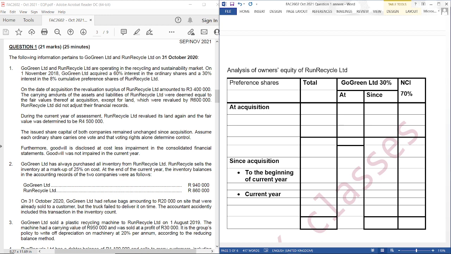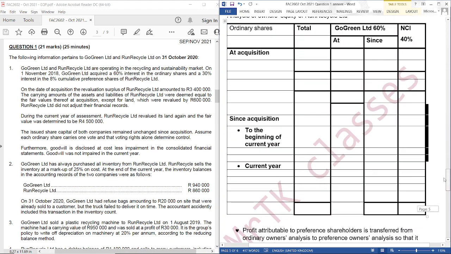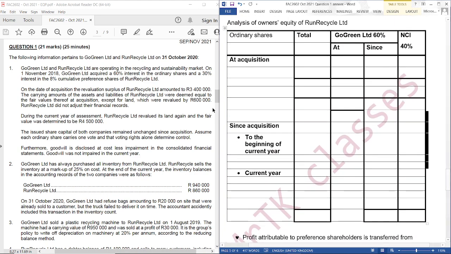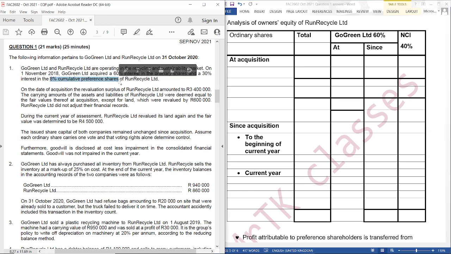Then on the date of acquisition, the revaluation surplus and all these things. We have already found the percentage that we were looking for. We're looking for this. These preference shares are called 8% cumulative preference shares.